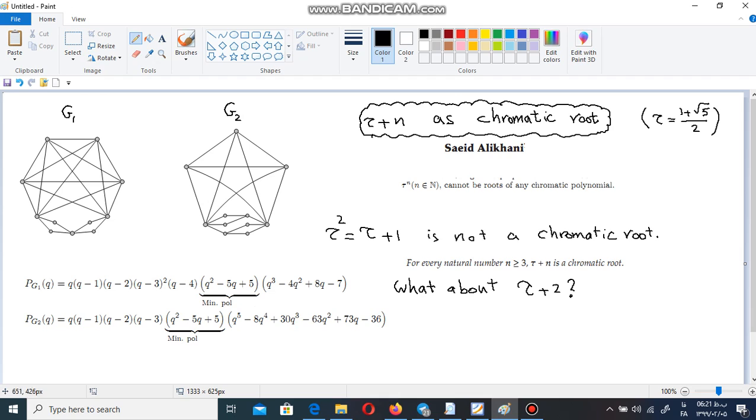And here I have drawn from the paper of Roy two graphs, G1 and G2.